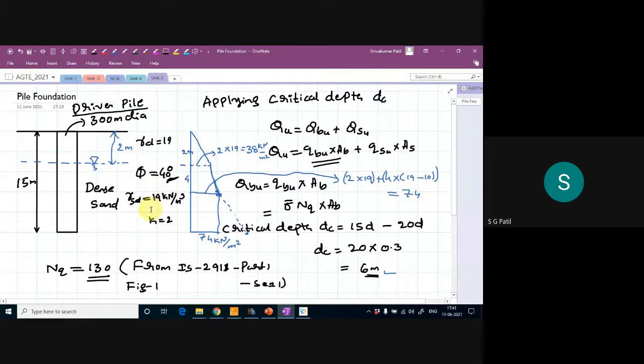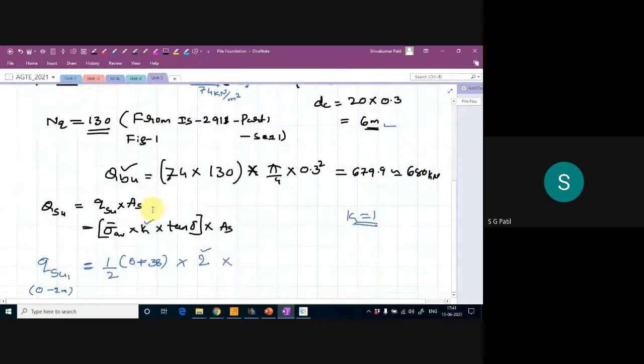Here I am taking phi itself as delta value. So delta is equal to phi according to IS 2911. So half into tan of 40 degree. How much are you getting?